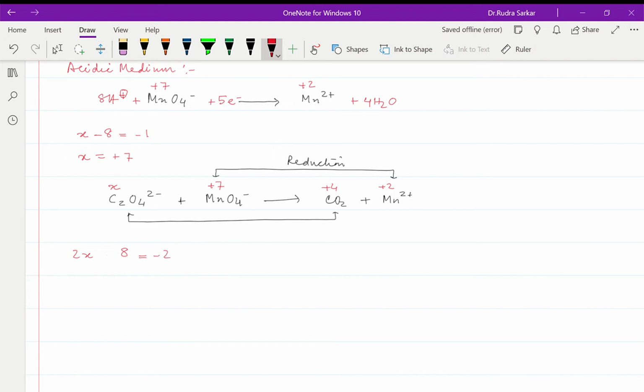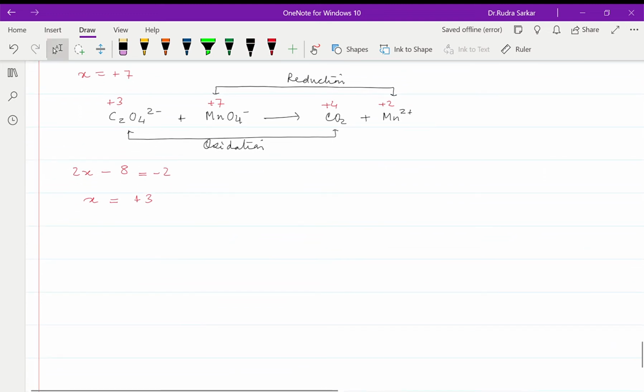If we solve for x, x will be plus 3. So over here it is plus 3, and then it is going to plus 4. So each carbon is getting oxidized by 1 electron, and we will call this the oxidation half cell. When both reduction and oxidation take place, it is called a redox reaction. So the reaction below is a redox reaction.